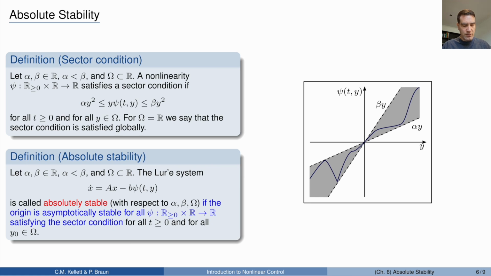So this provides a robust stability characterization of the origin of a linear system subject to nonlinear disturbances, where the disturbances need to satisfy a specific sector condition.